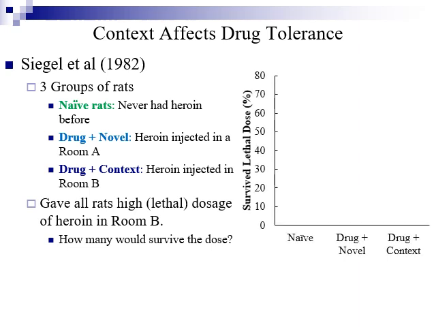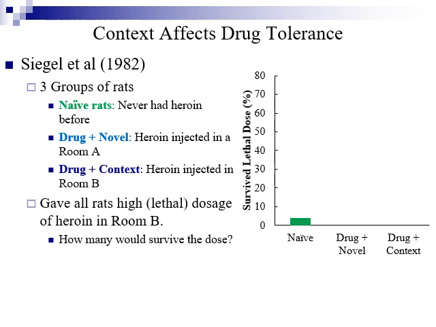What we're looking at on the graph is the percentage of rats in each group that survived the lethal dose. First we'll look at the naive rats, those that had never had heroin before. And we see that not very many, 4%, survived. So that tells us that yes, this was a lethal dose of heroin, because it killed almost all of the rats in that group.